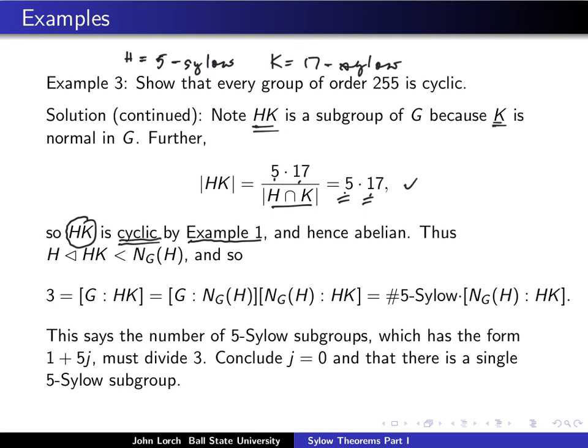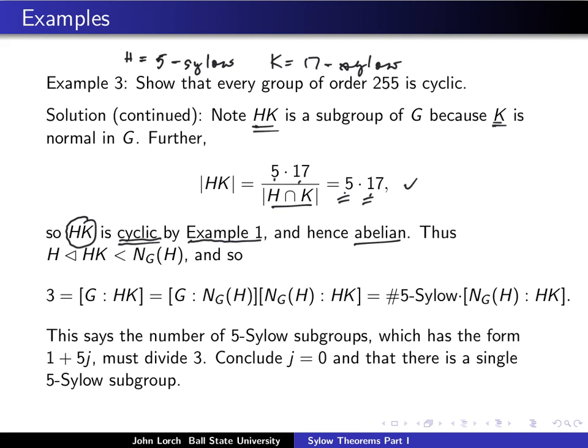And so what that means is that HK is cyclic, and hence it must be abelian, right? So that means that H, being a subgroup of an abelian group, must be a normal subgroup of that group. And meanwhile, HK is contained in the normalizer of H in G, which is the largest subgroup of G in which H is a normal subgroup.